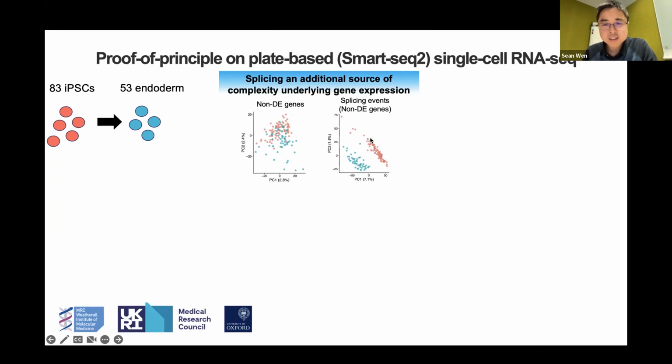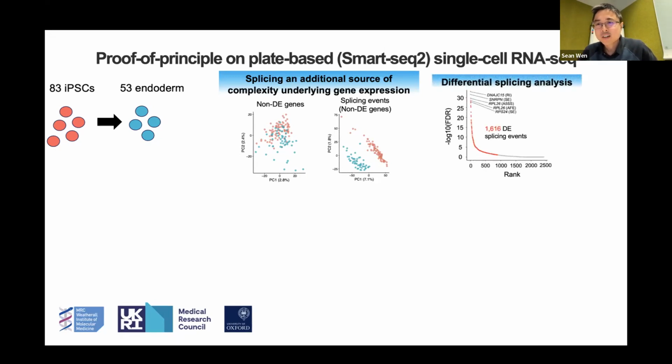So when gene expression can't, splicing may be able to help you separate your two cell populations. The reason is simple: splicing may be an additional source of complexity underlying gene expression that you don't see at the gene expression level.